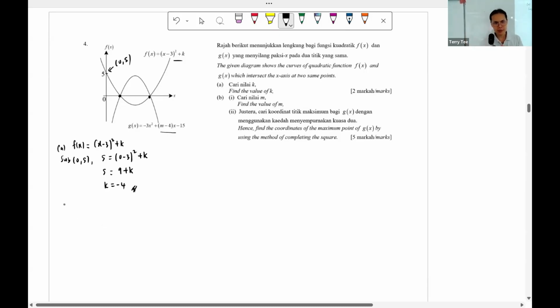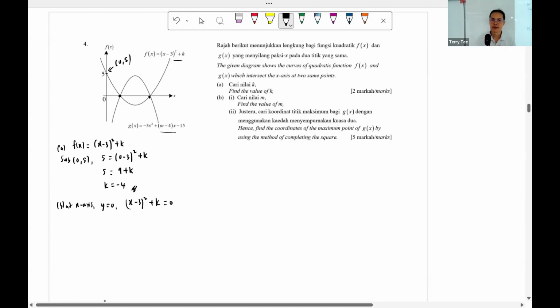Okay, so maybe I do it this way. We know at the x-axis, what is y? Your y, or f(x), is 0. So this equation f(x), x minus 3 squared plus k equals 0.